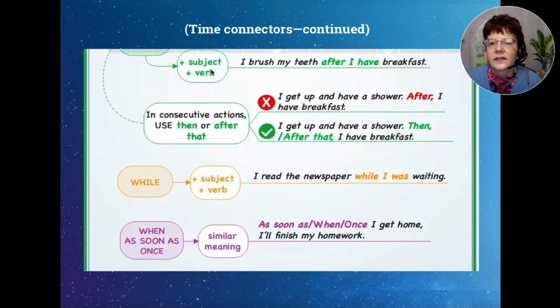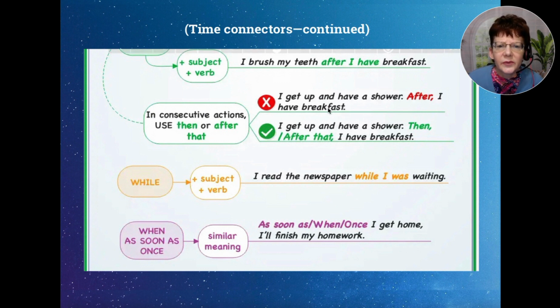Okay. You can see this one here continuing with after. So after plus a subject and a verb. So I brush my teeth after I have, so subject, verb, and then breakfast. All right, so in consecutive actions, so one thing after another, we use then or after that.